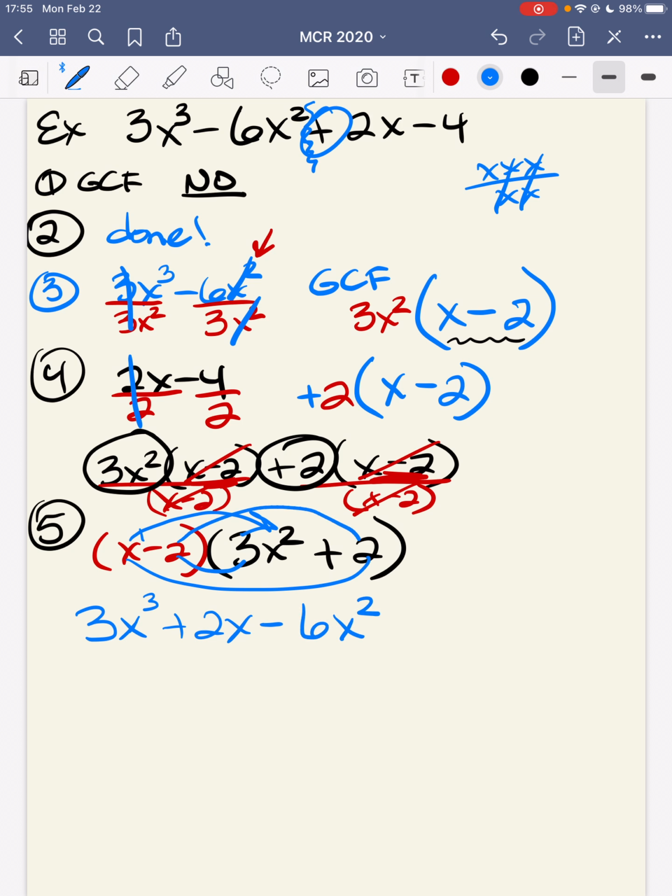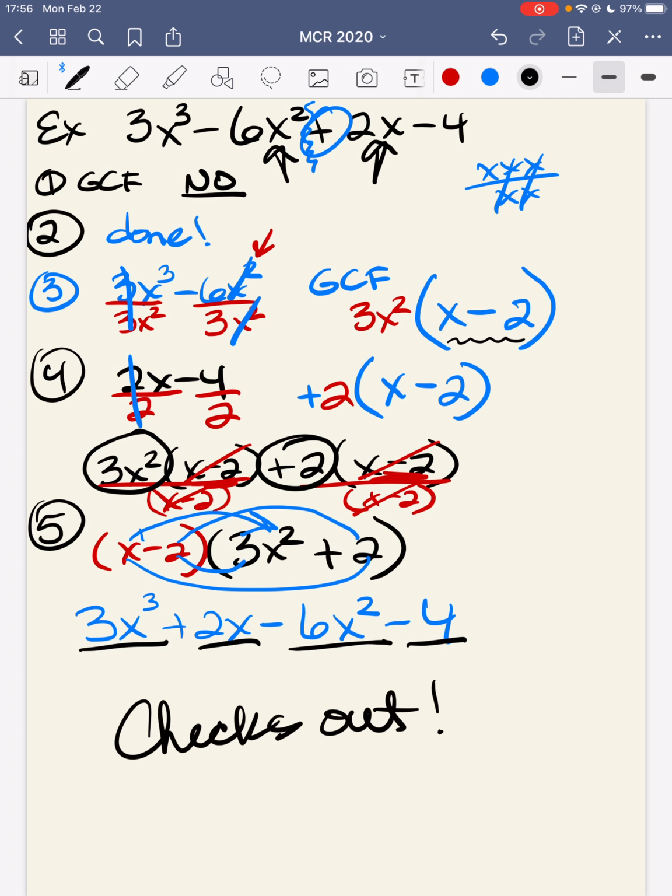And a negative and a positive give me a minus. 2 times 2 is 4. Now notice that they're not in the exact same order, but my 3x to the third is there, my 2x is there, minus 6x squared is there, and my minus 4. So sometimes your middle terms will be reversed, and that's totally okay. This checks out.